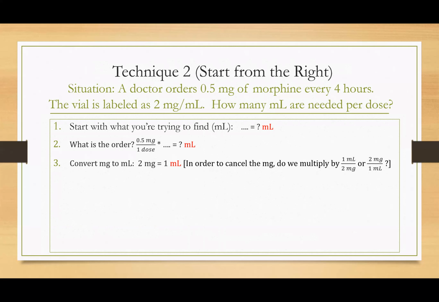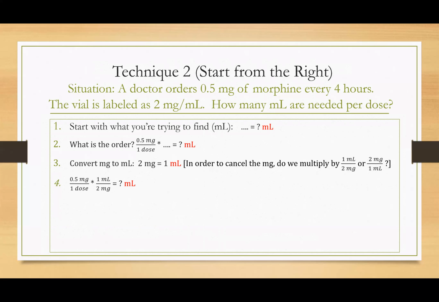If we go back to our order and what we're trying to find, our order is in terms of milligrams, but we're trying to find our dosage in milliliters. We need to get rid of the milligrams, which means our conversion has to have milligrams in the denominator, so it will cancel, leaving us with milliliters. So we will multiply by 1 milliliter divided by 2 milligrams.